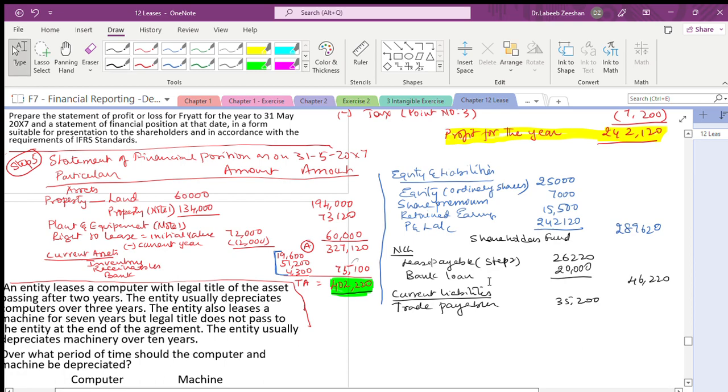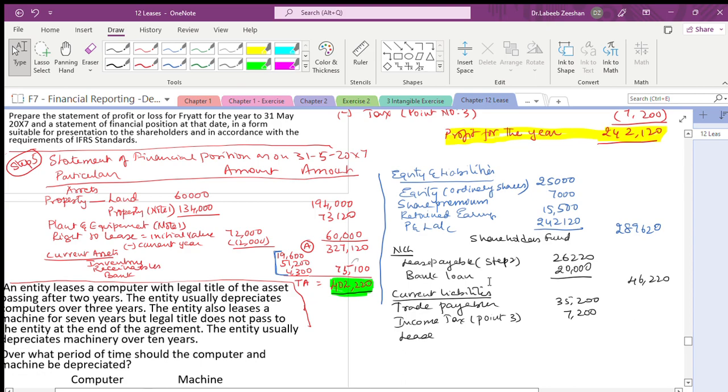You have the taxation also. Income tax, point number 3. How much? 7,200.